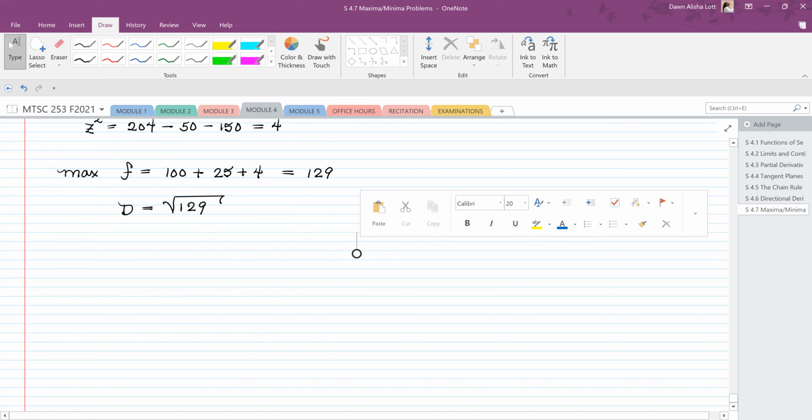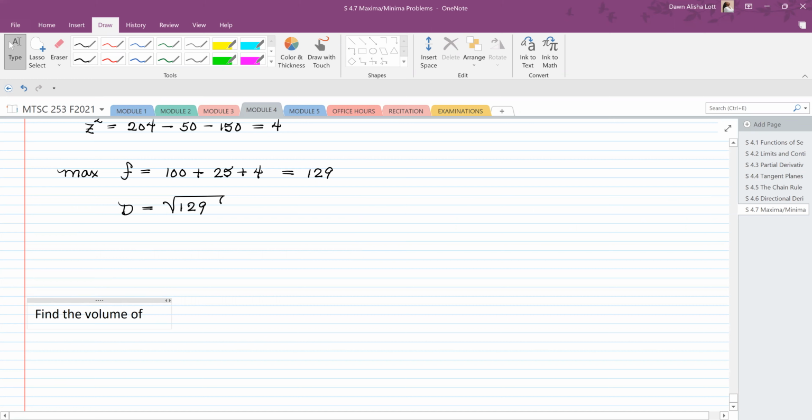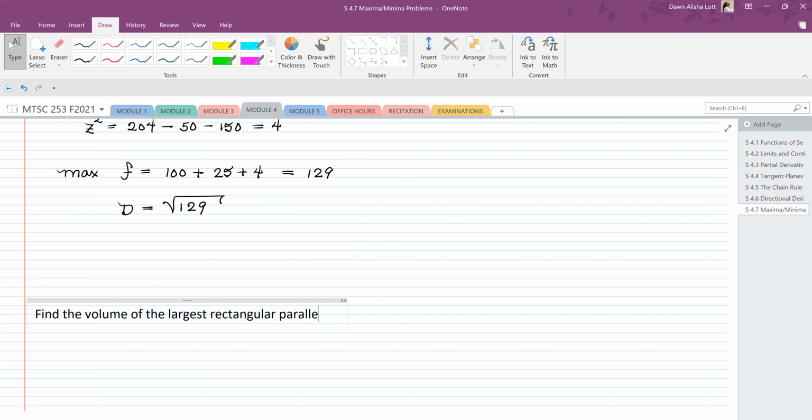This one is: find the volume of the largest rectangular parallelepiped that can be inscribed in the ellipsoid 36x squared plus 9y squared plus 4z squared is equal to 36, if the edges are parallel to the coordinate axes.